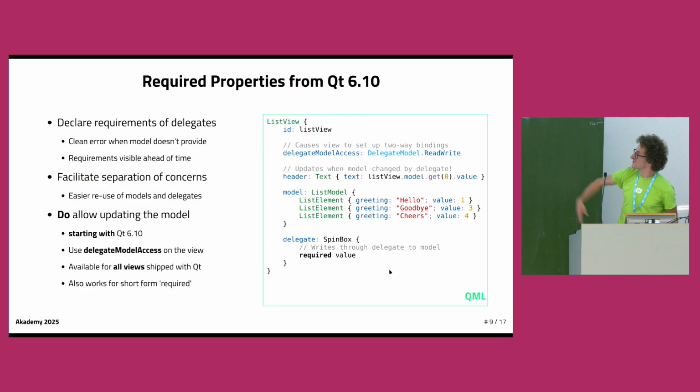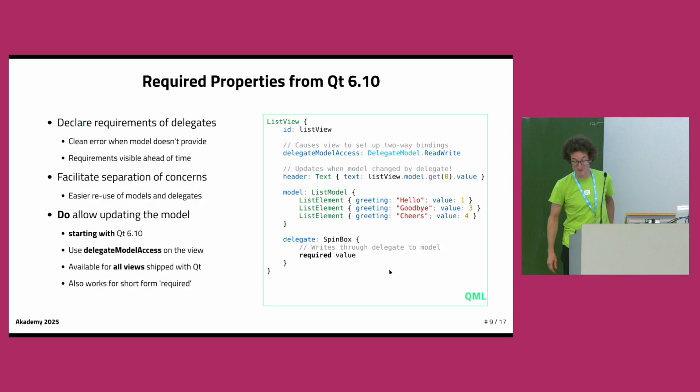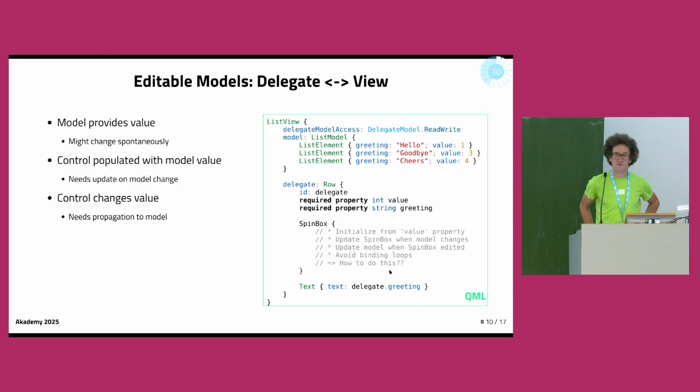First of all, this also works for the short form required, as you'd expect. You can make an existing property required by just declaring it required like that, and it does the right thing. And why do I say that? Because what if your spin box there is not actually the top level element of the delegate?